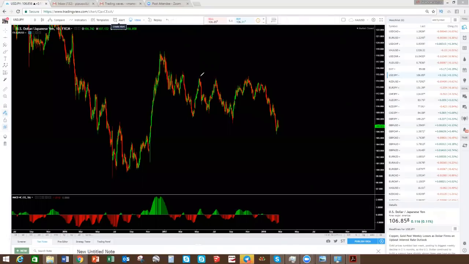Okay. So you can see clearly that in here, we've got an expanding flat. And here, higher, we've got a regular flat. So which means you have simply an A, B, C move. Forecasted this over 7 months ago.